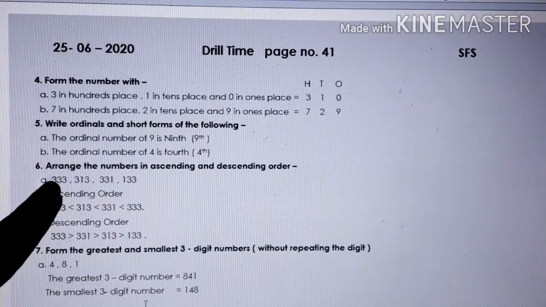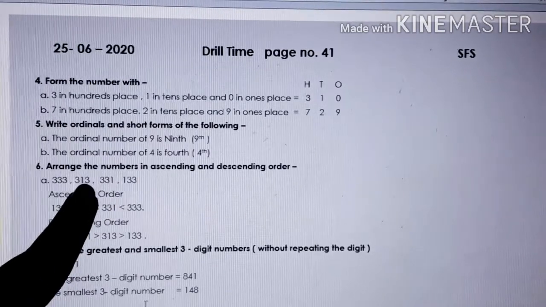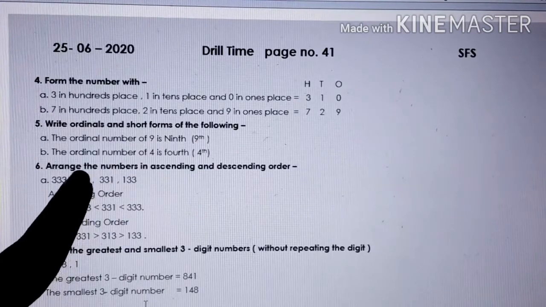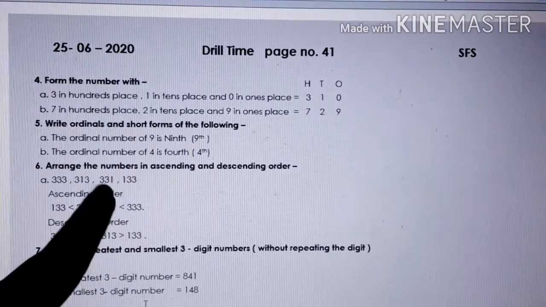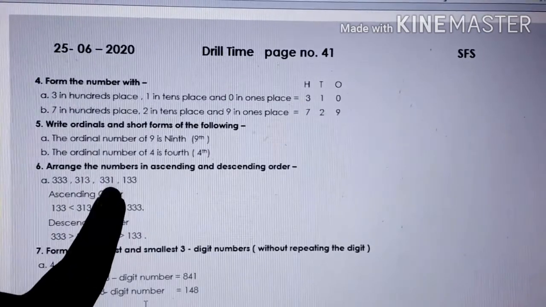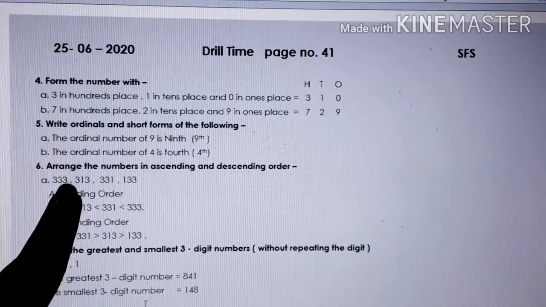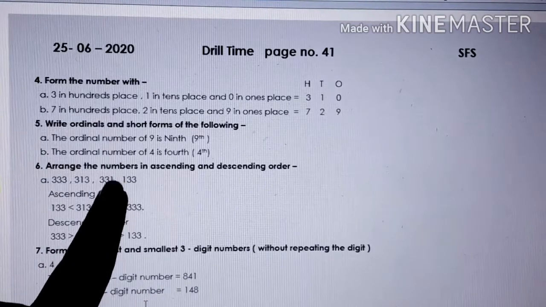Next comes, so let's compare these three numbers. Tens place, 3, 1, 3. So you can see 1 is here. So next smallest number is 313. Then we have to compare between the first and the third number. So the ones place is what? 3, and here is 1. So which one is smaller, children? 331.